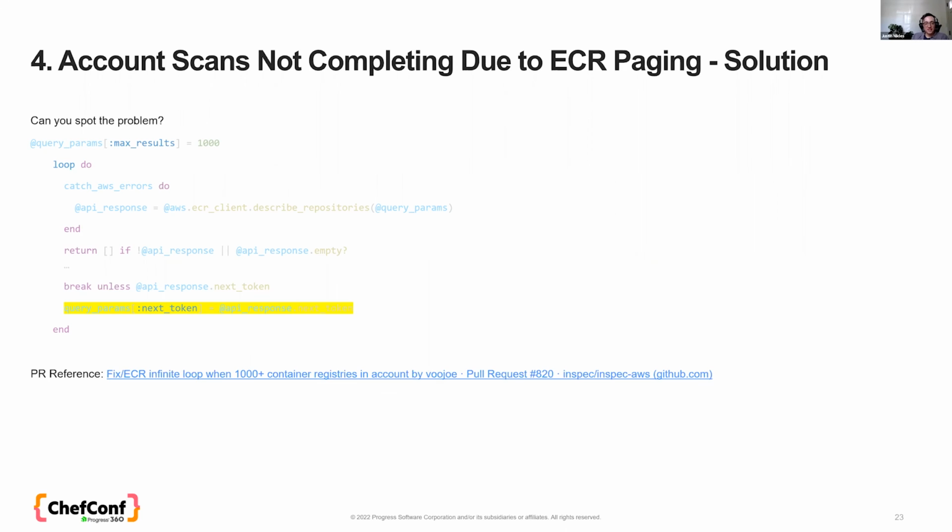So highlighting here, the query params. This is where the issue lies. If you notice at the top, the query params with the max number of results is referenced as an instance variable. And this highlighted line is not referenced as an instance variable.